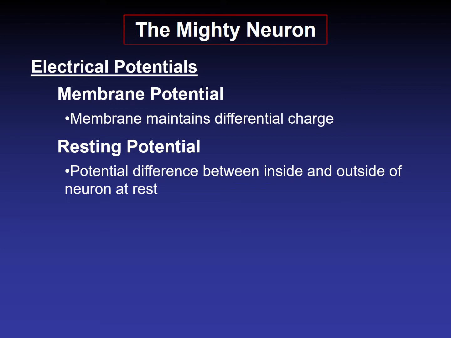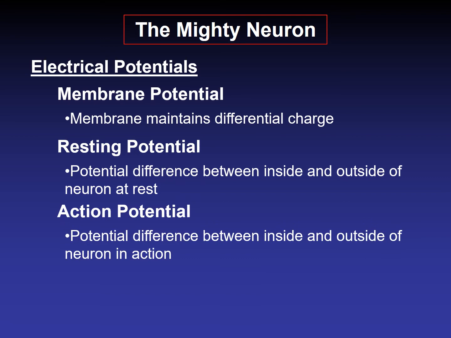Now, if we open those ion channels and we release that potential energy into kinetic energy, we're going to get movement of ions in and out of the cell through these ion channels. That's when the neuron is in action. Hence, we call it an action potential. An action potential is the potential difference between the inside and outside of the neuron when it is in action.